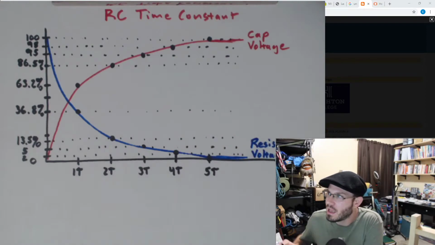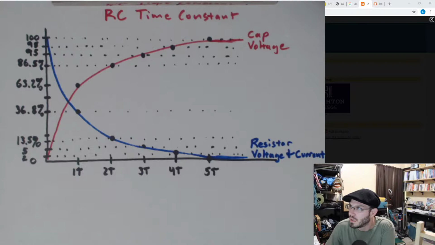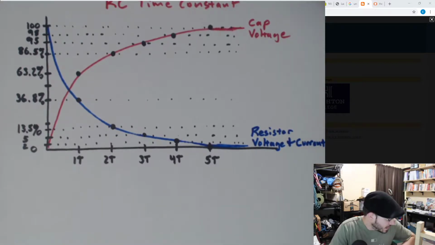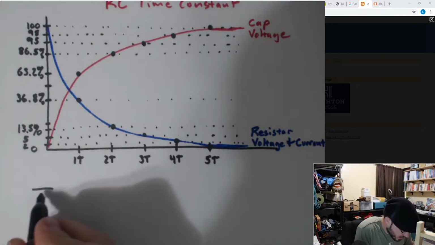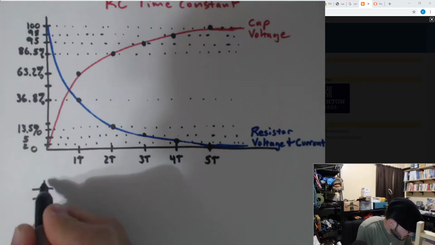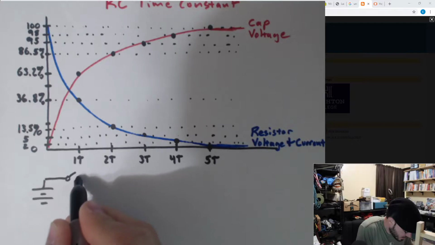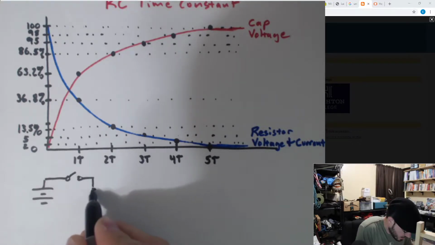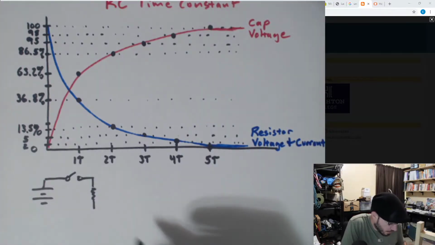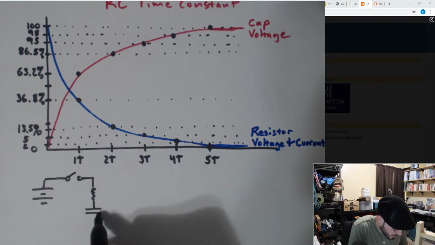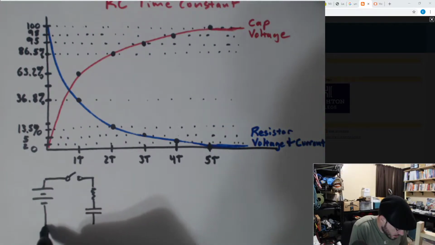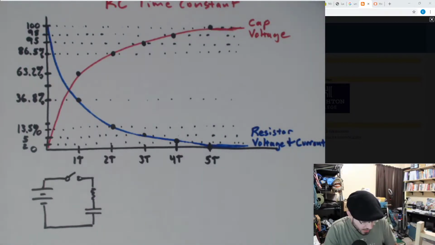If you think about the simplest capacitor circuit that we could have, we would be looking at a voltage being applied to the cap through a resistor.